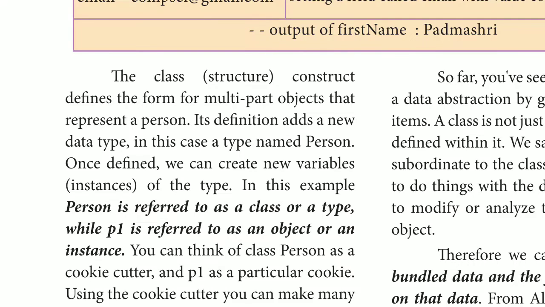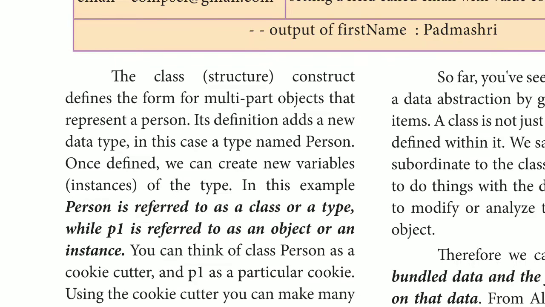Which every person should have. A person will definitely have a first name and last name, and a phone number and email id. So p1 may be Bhaskar, p2 may be Arun, p3 may be Raj.